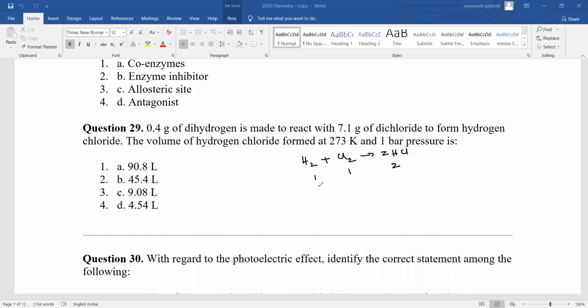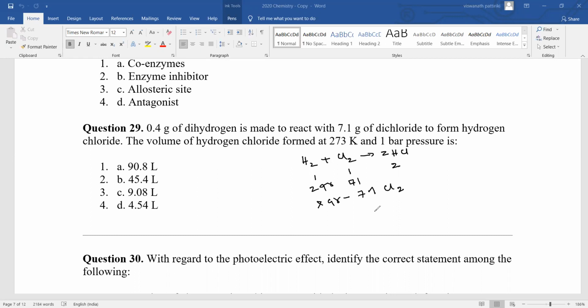Okay. So according to this, 2 grams of H2 requires 71 grams of Cl2. Then X grams of H2 requires what? 7.1 grams of Cl2. So what is the mass of H2?